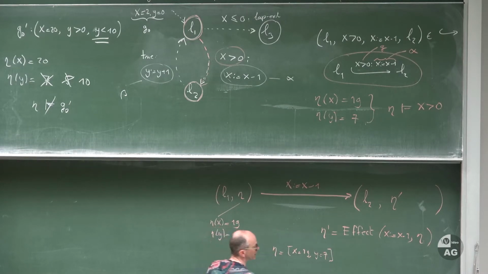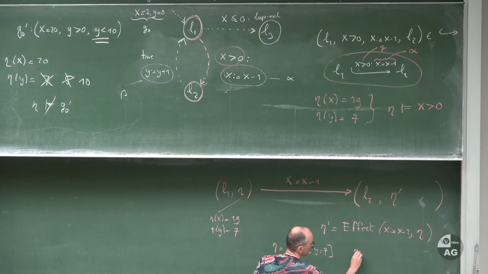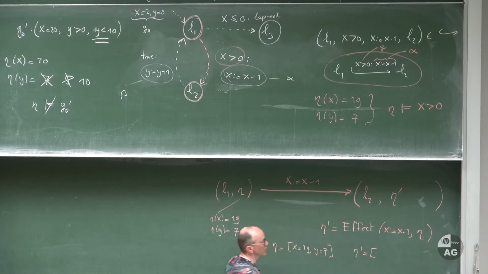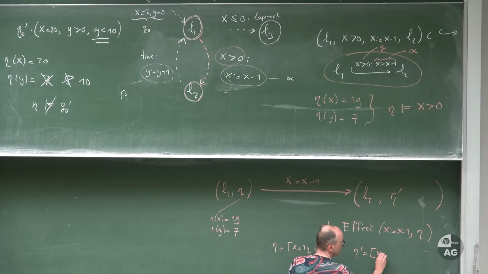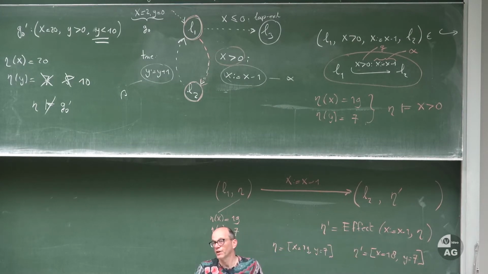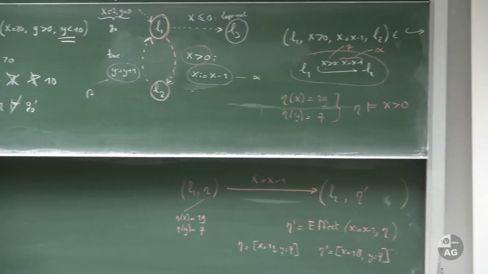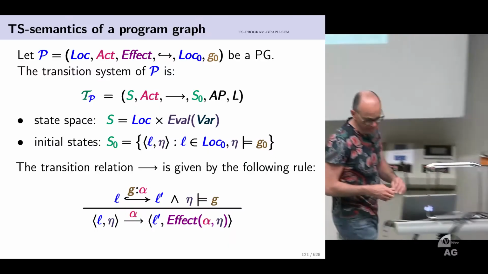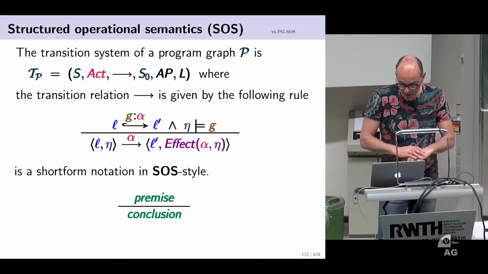And that means that eta prime is the following. The only thing that happens is that x is decremented by 1. So x is going to be 18. Y is not changed, so y is still 7. It's exactly what I think you expect. It looks more complicated than it really is, but... Okay.